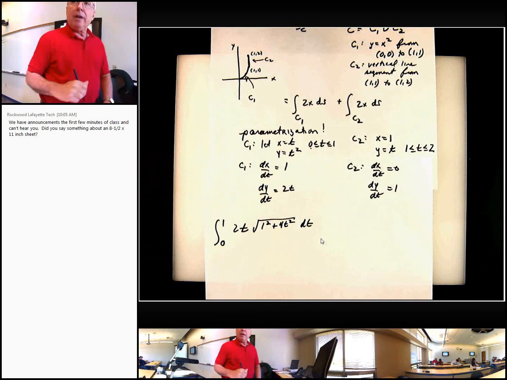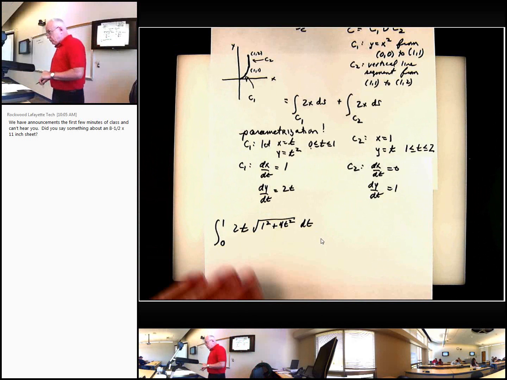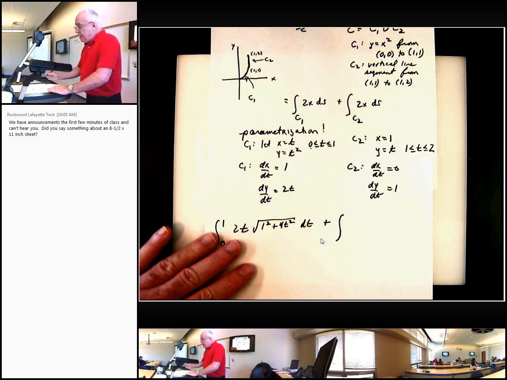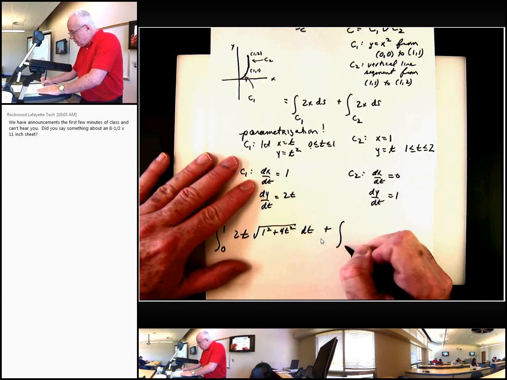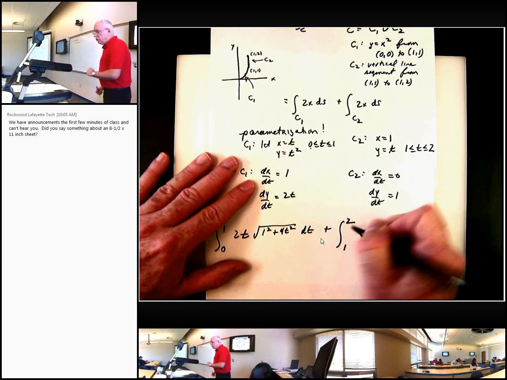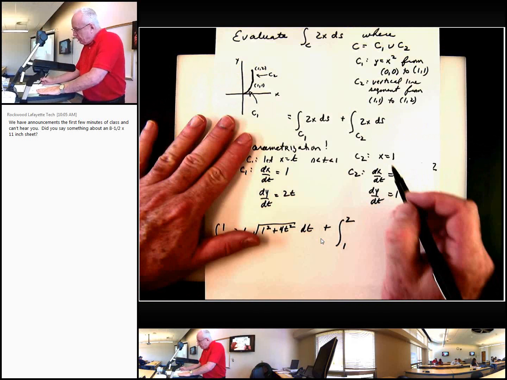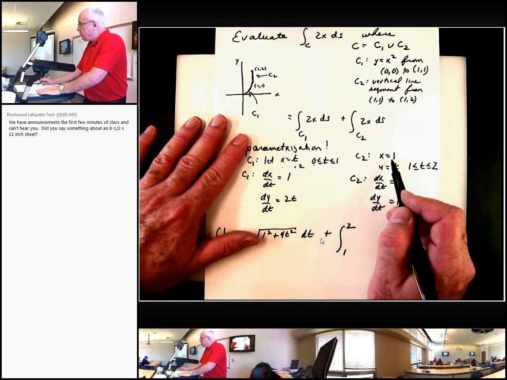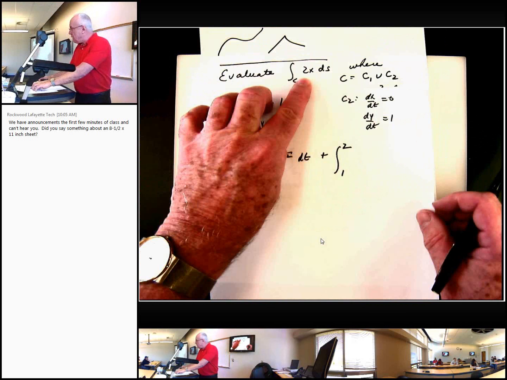So we're going to be evaluating that integral using a u substitution. And then plus our second curve. Now this time our parameterization is from 1 to 2. So we have different limits here, 1 to 2. Our parameterization here for x is just equal to the number 1. What we're integrating is 2 times x.